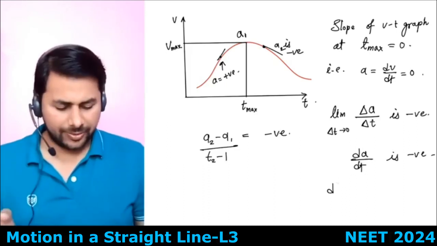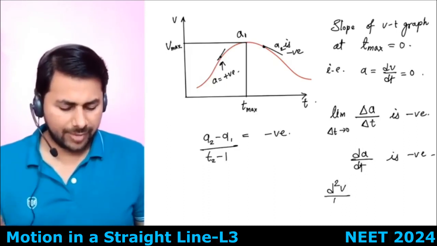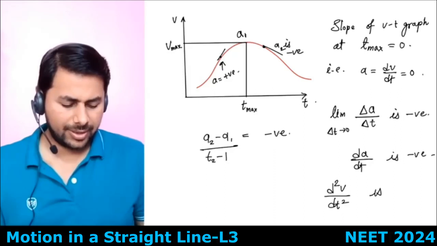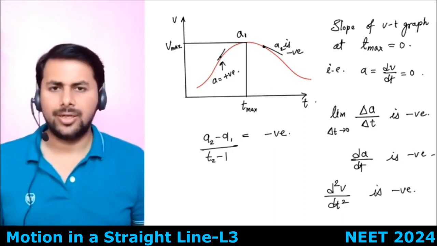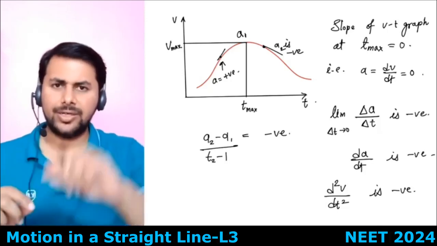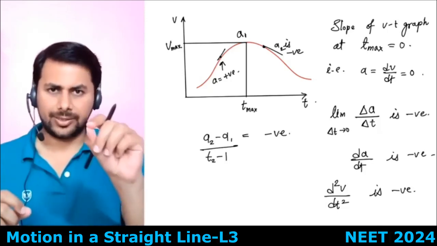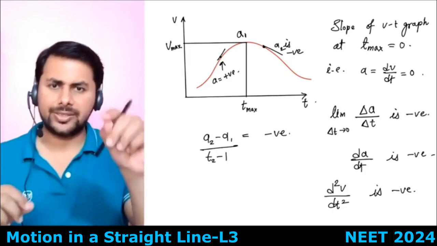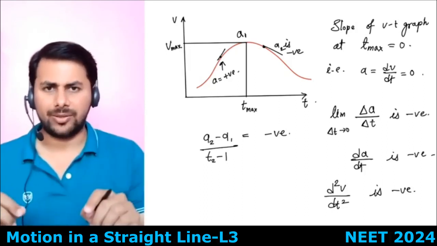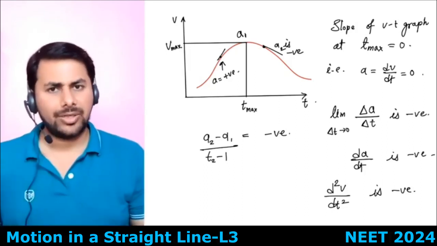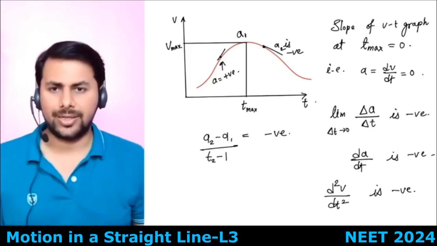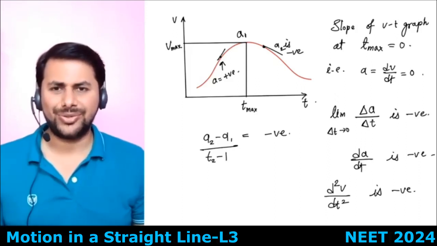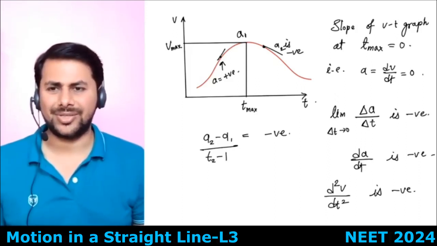You take another derivative, you write d2v by dt square is negative. So the meaning is, if you have a function which hits maximum at some value of the variable, then its derivative is 0 and its second derivative will be negative.